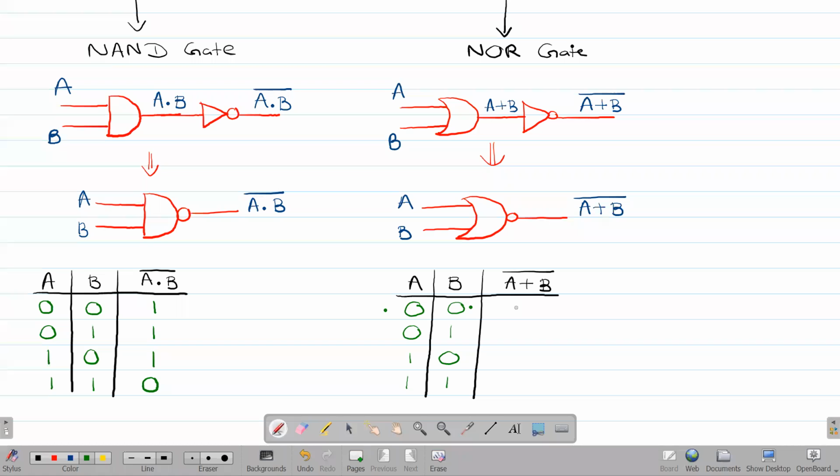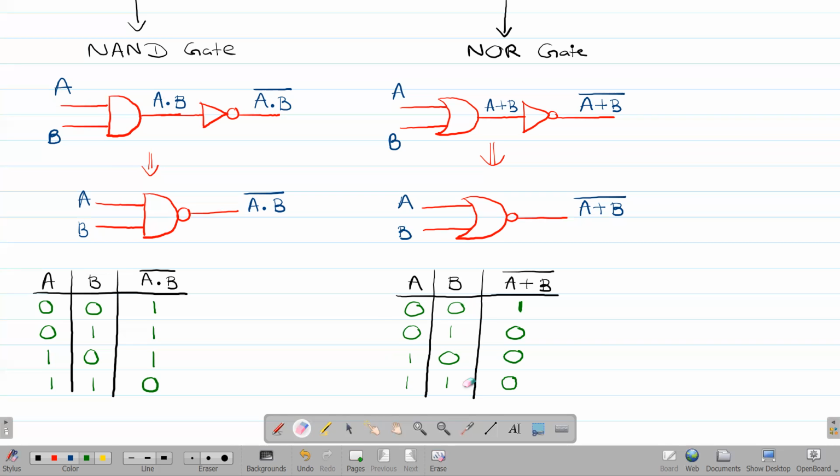Once it is inverted, the answer is 1. 0 plus 1, the answer is 1. Once inverted, the answer is 0. 1 plus 0, the answer is 1, inverted, you get a 0. 1 plus 1, the answer is 1. Invert it, you get a 0. So the output is going to be like that. Is that clear?